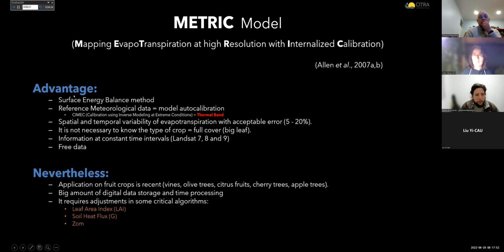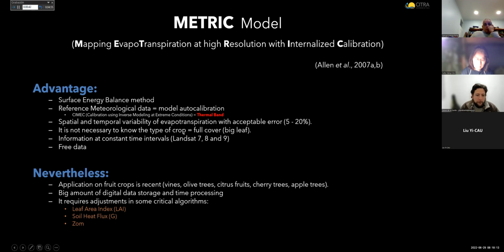The METRIC model is based on the surface energy balance method and has a model auto-calibration called CIMEC. Also, we have an acceptable error in the spatial and temporal variability of 5 to 20%.